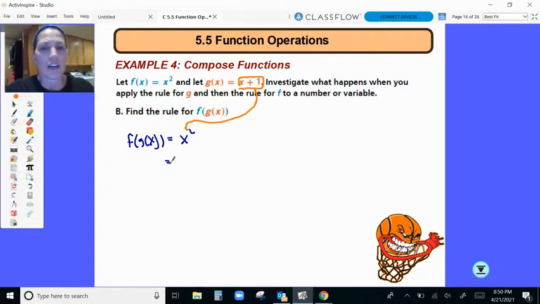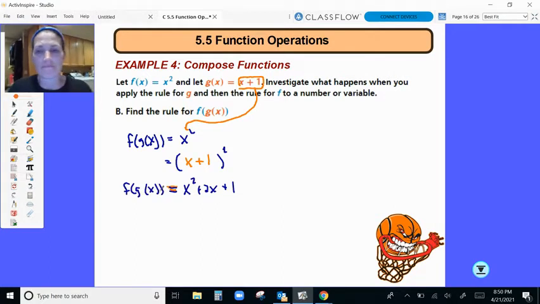So that becomes x plus 1 quantity squared. That's what the function is, but we plug in x plus 1 right there. If we multiply that out, that becomes x squared plus 2x plus 1. That's my f of g of x.